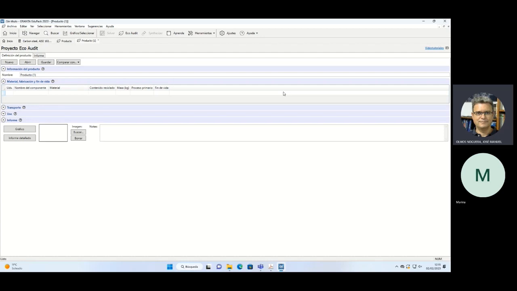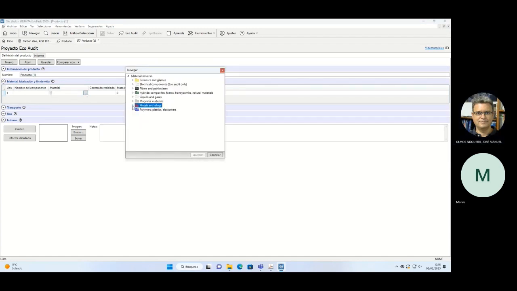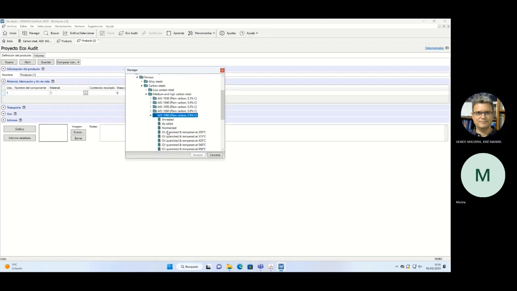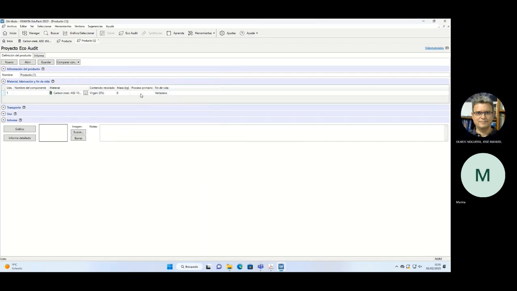We can also evaluate the end of life. Here you can find how to manufacture and also the end of life. We will talk about this later. Since I see that everything is in Spanish, just the material is in English.